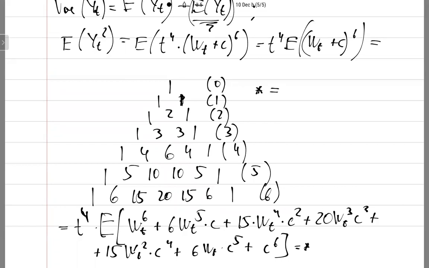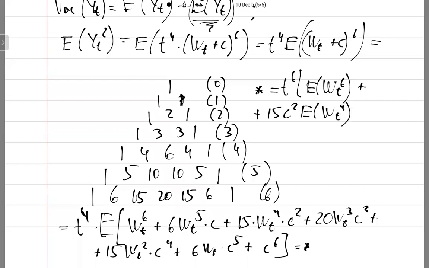I can omit all odd powers, and I will get t to the power 4, expected value of W_t to the power 6, plus 15 c squared expected value of the fourth power of the Wiener process, plus 15 times t times c to the power 4, and plus c to the power 6.